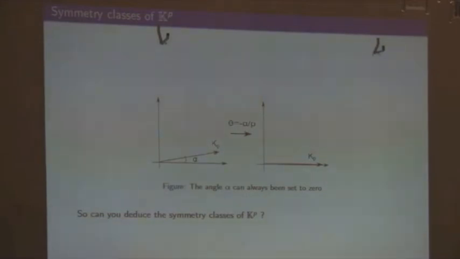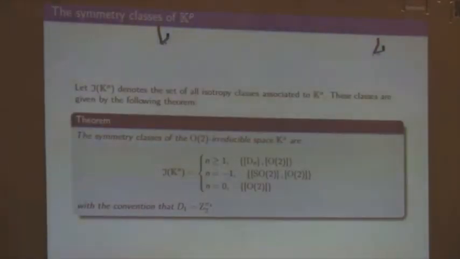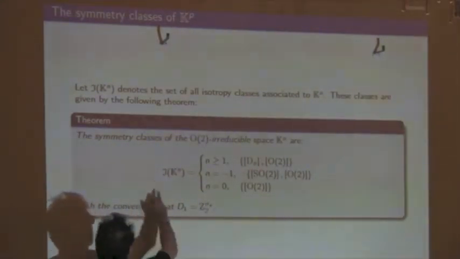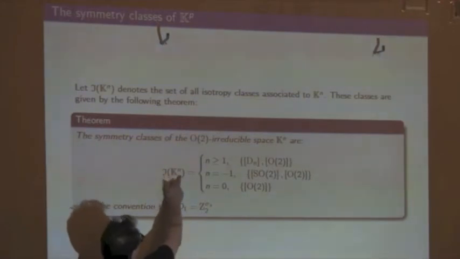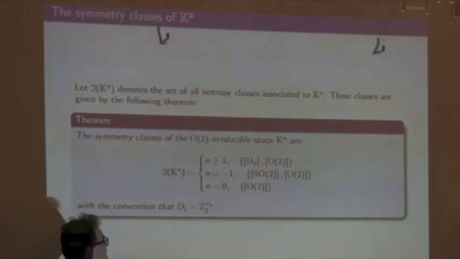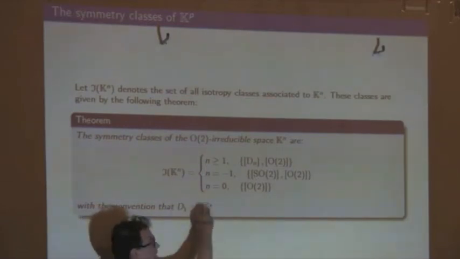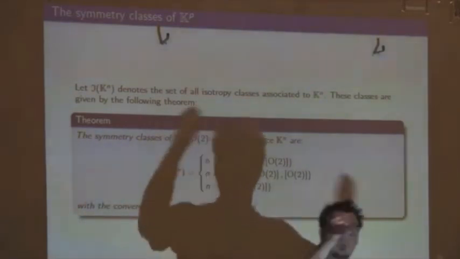In such a case, no vector is left invariant by any transformation. So that's defined graphically; we can define it another way. What are the symmetry classes associated to any one of those spaces? Here, this symbol means the symmetry class of the space in parentheses. So the symmetry class of a scalar is just the whole group of transformations.